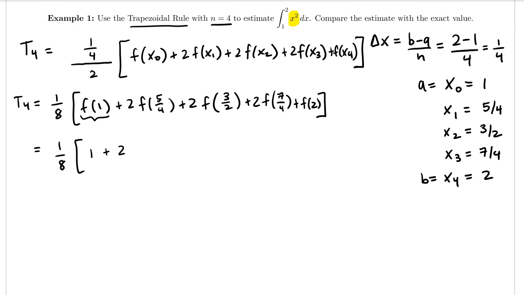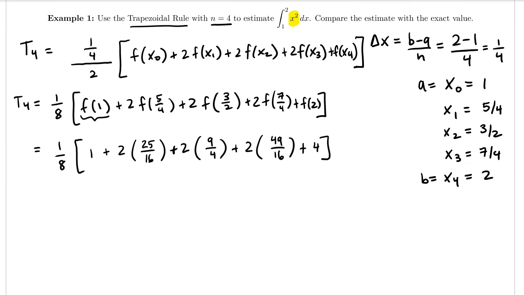Then I'd have 2 times 5/4 squared, which would be 25 over 16. 3/2 squared would be 9 over 4. 7/4 squared would be 49 over 16. And then 2 squared is 4. If you simplify this number, it should come out to the value of 75 over 32. So that is T sub 4.